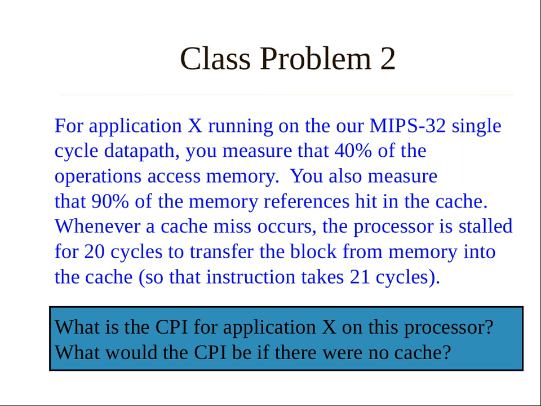The other 60%, aka 0.6, are regular instructions, and for the sake of argument, they take 1 cycle. The point of this is to show you that even if 40% of your references are memory, it still dominates what's going on. Even when your memory happens to be really fast, 20 cycles, our main memories that you've been looking at are hundreds of cycles. So this problem would be even worse.